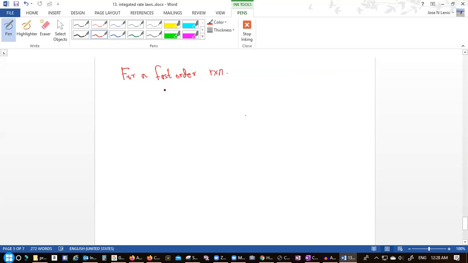you will have A plus B to form products. Therefore, the natural log of the concentration of A against time produces, let's assume, a straight line with negative slope here.